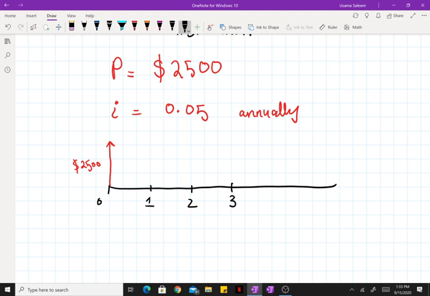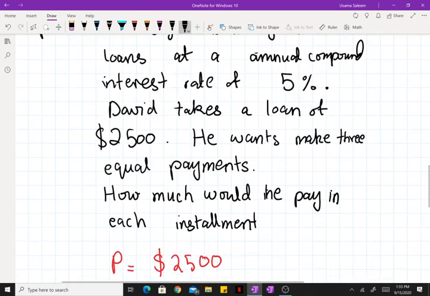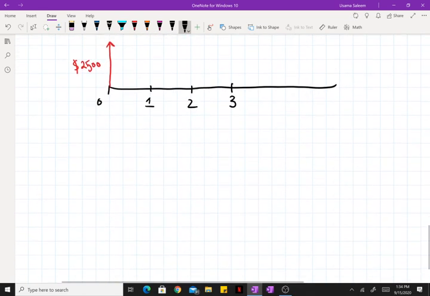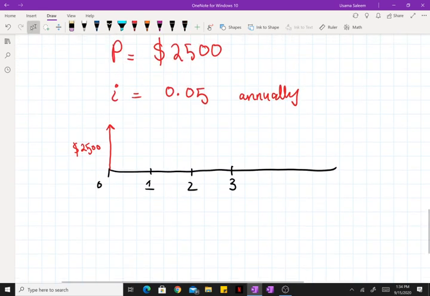Since David is going to be making three payments, let me just specify he wants to make these three equal payments each consecutive year. So that means on year one there is going to be a payment, on year two there's going to be a payment, and on year three there's going to be a payment.